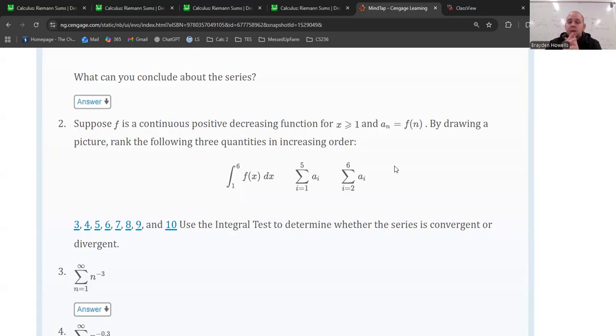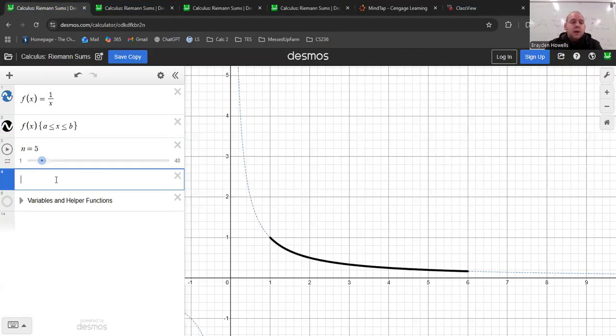What they do represent is a sub 1 plus a sub 2 plus a sub 3 plus a sub 4 plus a sub 5, and that is a value. However, because it asks us to draw a picture, rather than just writing those out, I'm going to visualize it. And the way that I'm visualizing it is by using rectangles, or a Riemann sum.